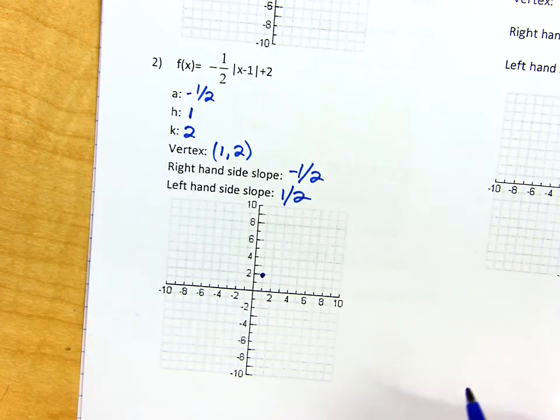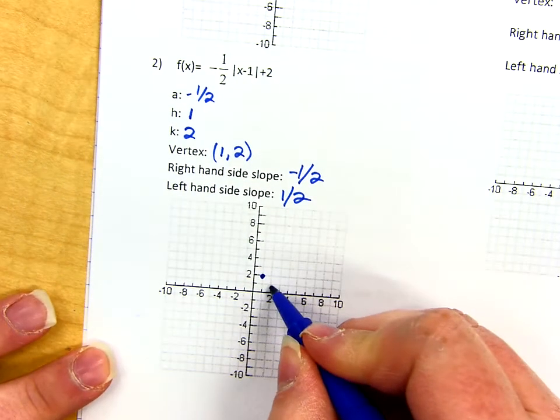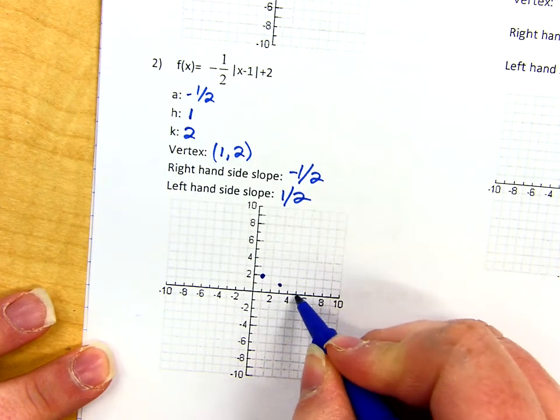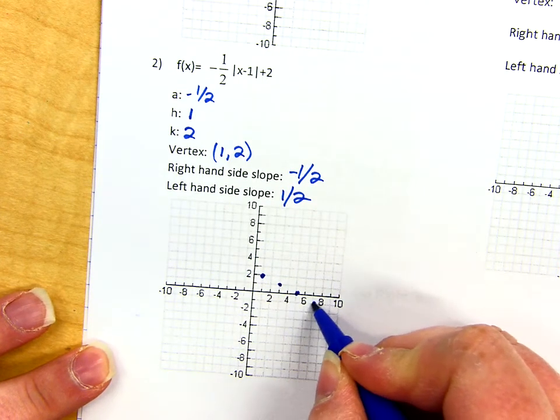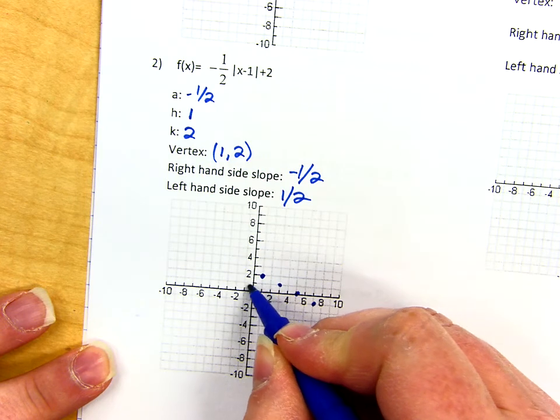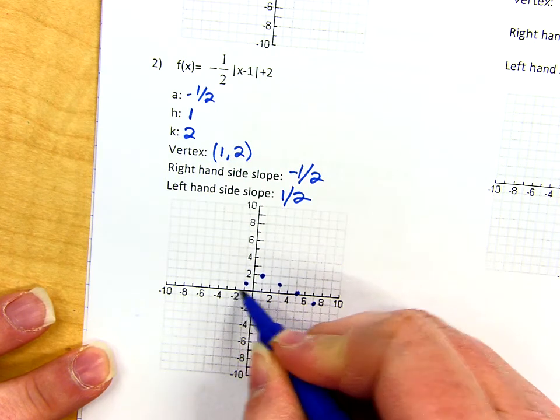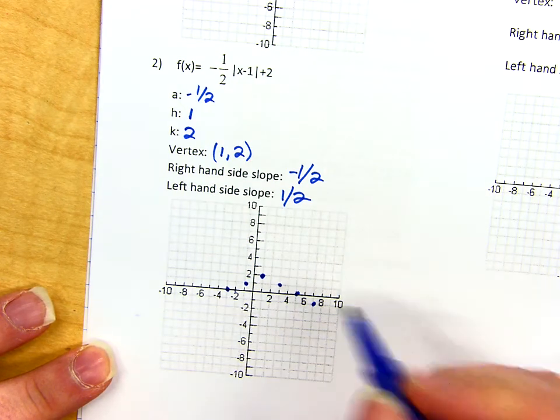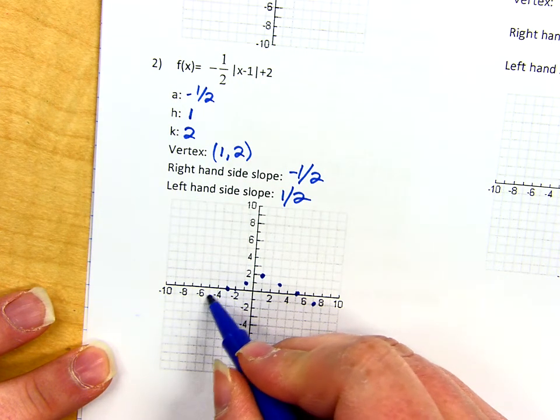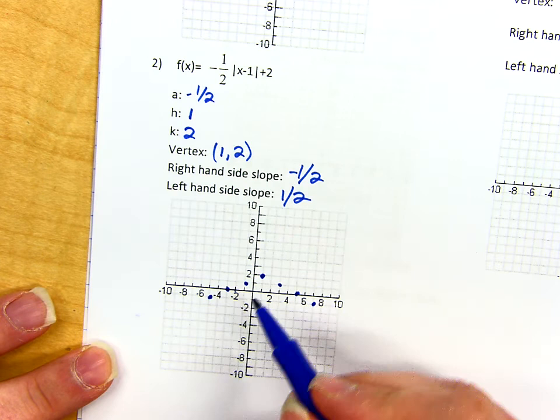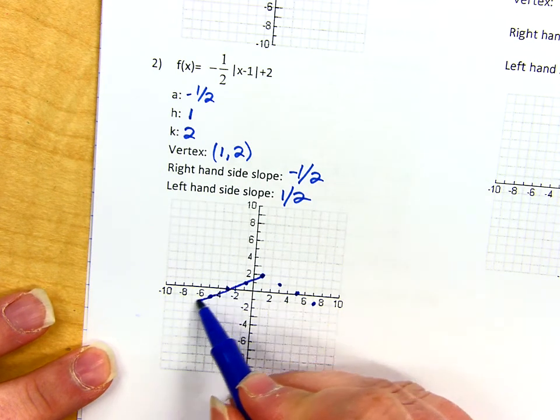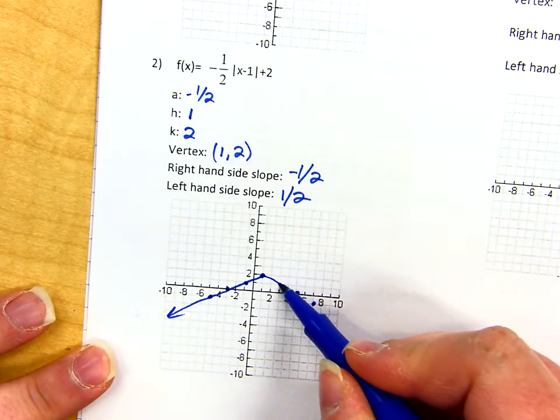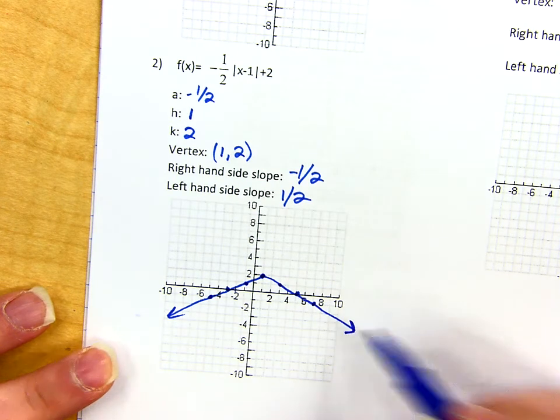Now remember what a slope of negative 1/2 means. Down 1 to the right 2. And then the reverse for the left-hand side. And just as we suspected, this is a wider V.